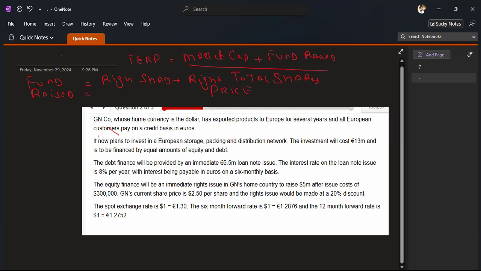Now the examiner told you that the rights issue would be made at a 20% discount. So what is the rights issue price, guys? Take 80% of 2.5. 2.50 into 0.80. What is the rights issue price coming? 2.